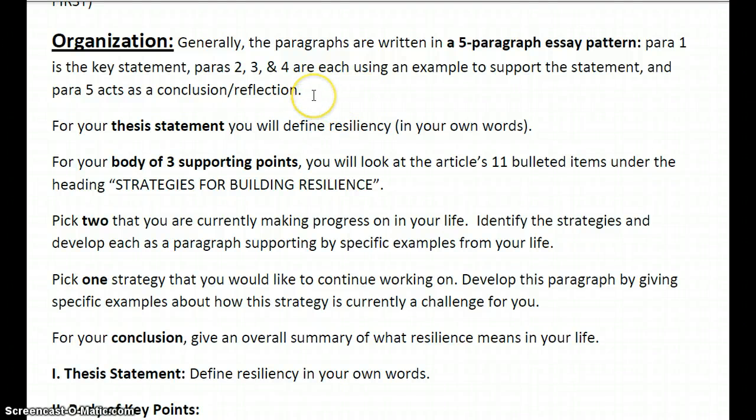For your particular paper tied into the article, this is what it will specifically look like. For your thesis statement, I want you to define resiliency in your own words. This is after you've read the article and they explain it, you put it in your own words.